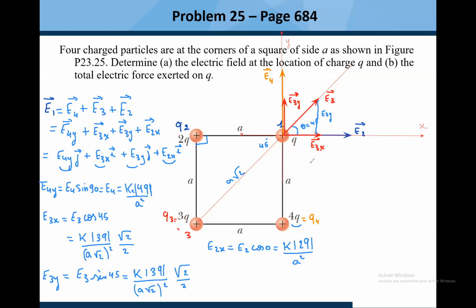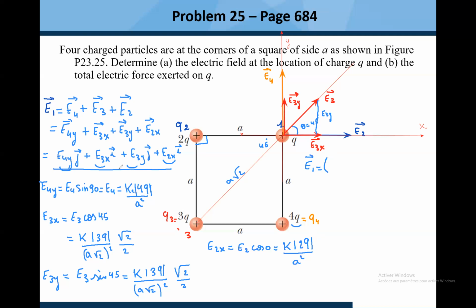Now we have to substitute all these values in the general equation here. E1 equal, okay, we can put the I values together and the J values together. Here we have the I values.